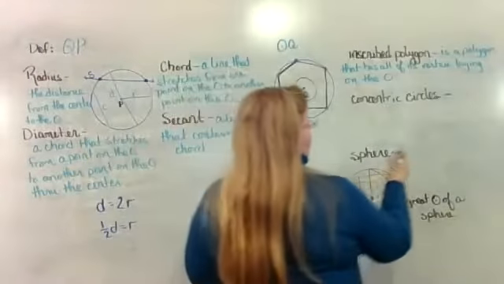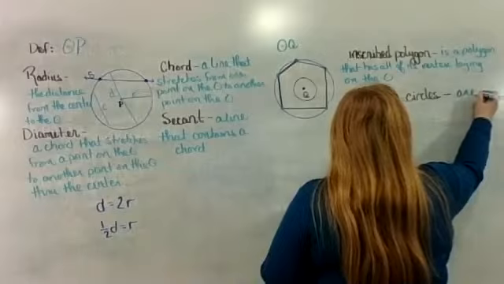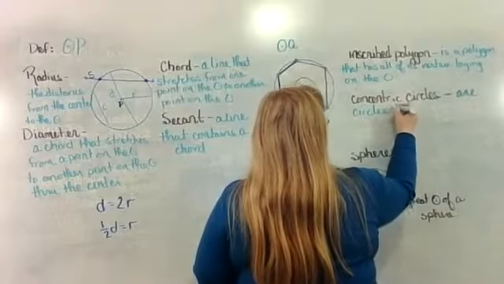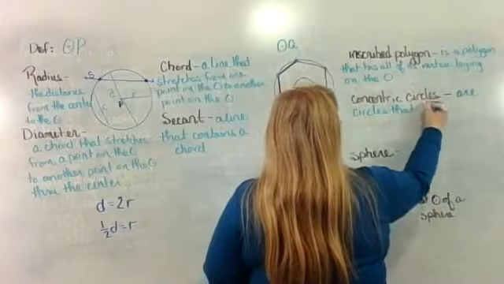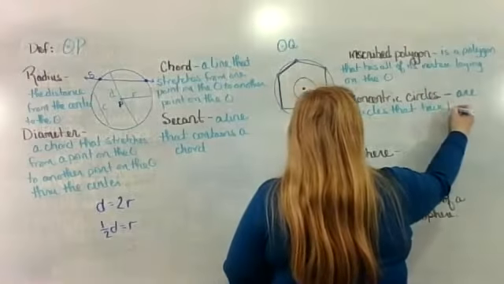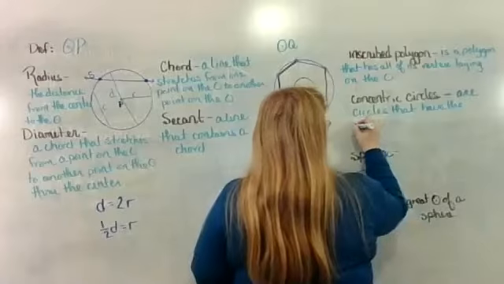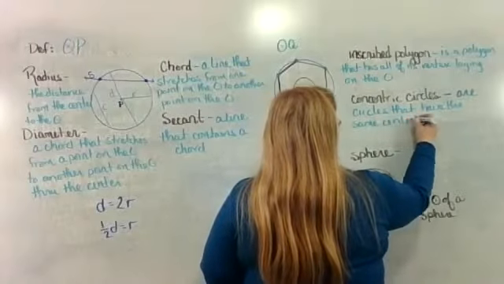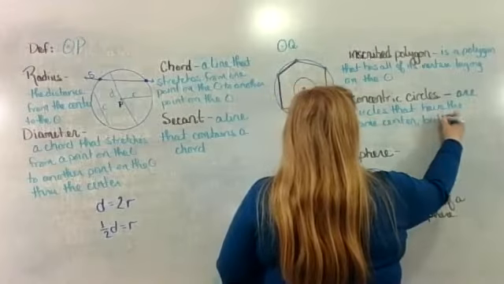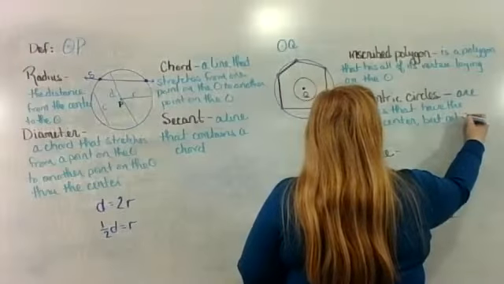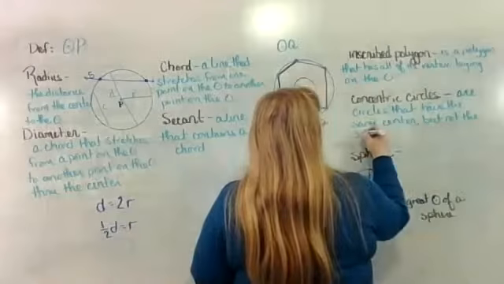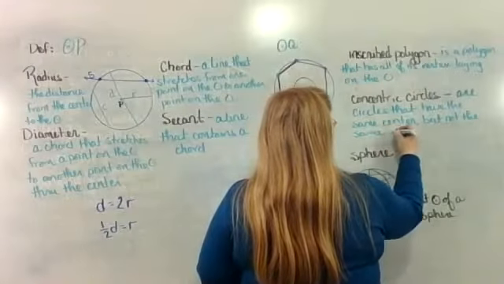Concentric circles are circles that have the same center, but not necessarily the same radius.